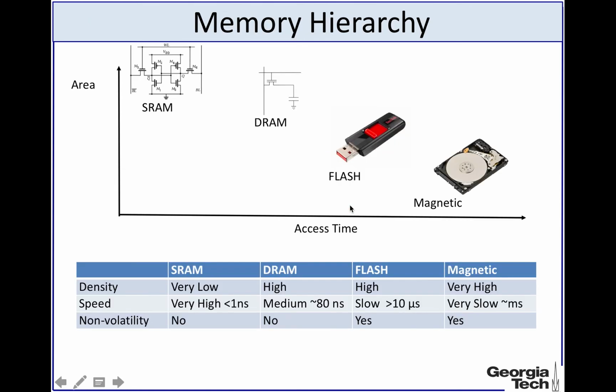Finally, a comparison between magnetic hard drives and all the other technologies. The most important characteristic of the magnetic hard drive, as we have said, is that the density is extremely high, and the reason essentially is that the size of the magnetic domains can be as small as 10 nanometers in radius, which is actually smaller than all the other cells for SRAM, DRAM and flash.